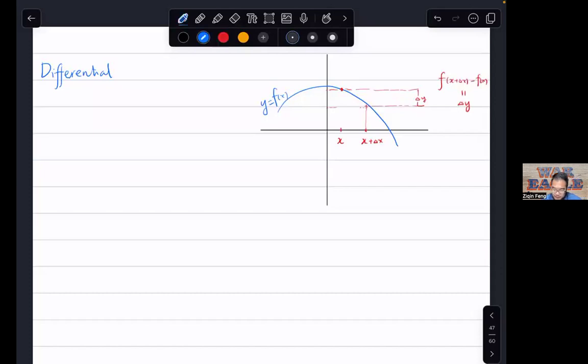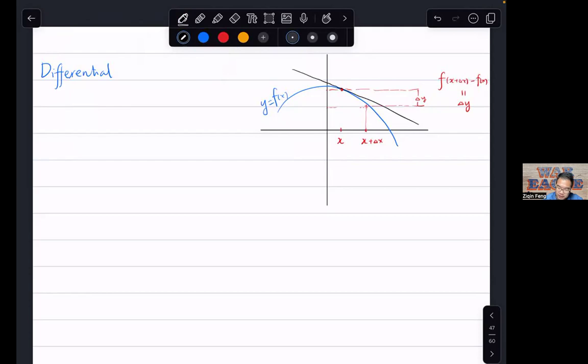So let's sketch a tangent line. Because by our discussion, if the function value doesn't change much, then the actual change of y is very close to the change of the y value on the tangent line.